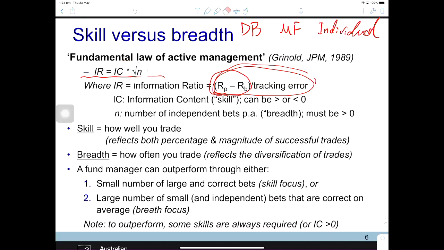With the managers who are heavily relying on information content, they believe they have superior information, insights, and experience, and they can make better choices than the average investor or the average fund manager in the market. These managers probably don't trade as often as the managers relying on breadth.